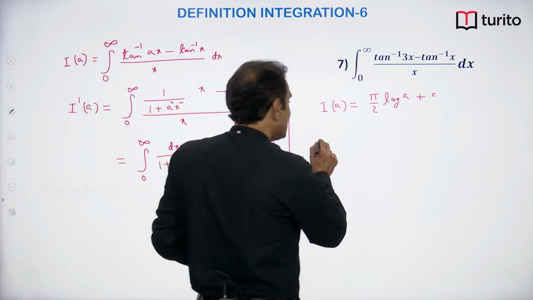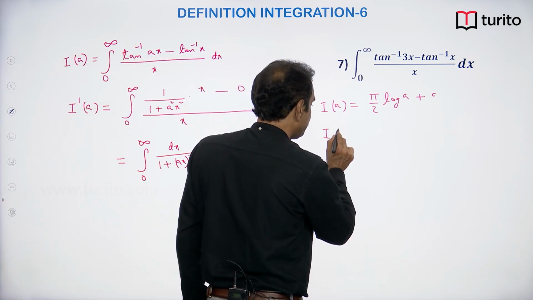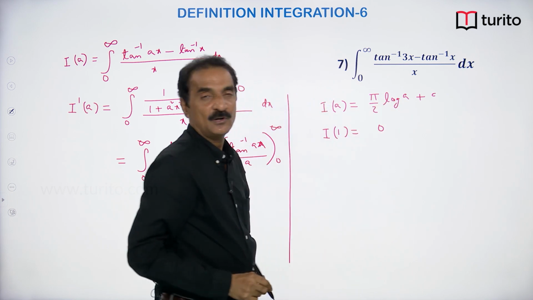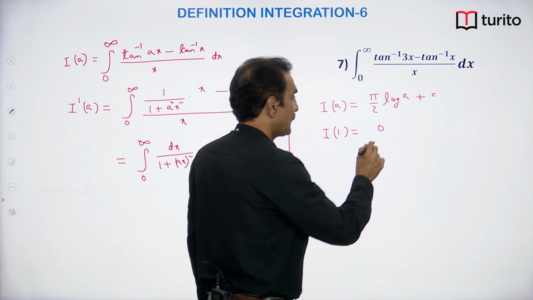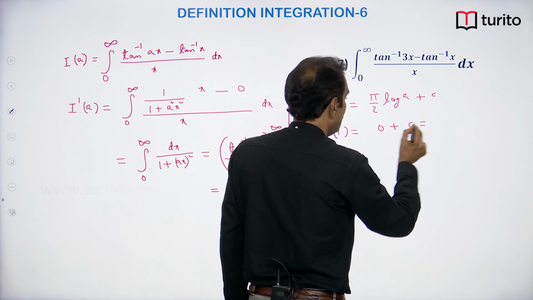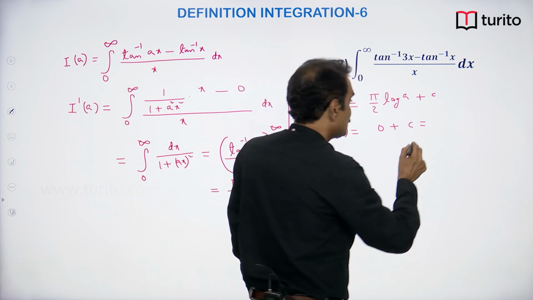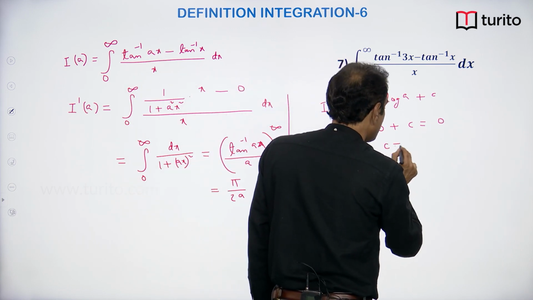So, putting a is equal to 1, this will be 0, log 1 is 0, plus c. What is I of 1? 0. So, we get c is equal to 0.